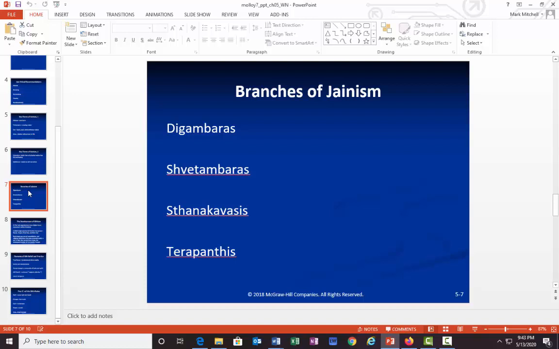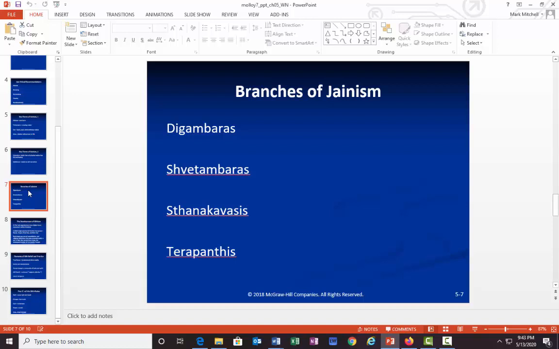The first one is the Digamber, and the Digamber can be translated as atmosphere clad or clothed in the sky. That is just a nice way to refer to monks being naked. Everything in this really conservative school is going to be renounced down to the last piece of clothing. So that really indicates their name quite well.